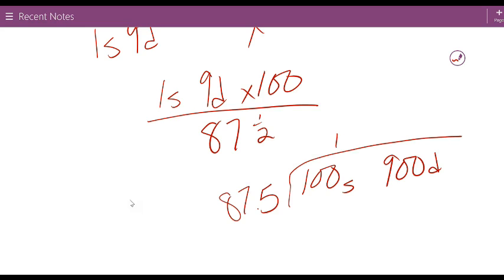Now 87.5, so we've got 1 there, and that we know is 12.5, which gives us 1 more penny. And then we have this half.